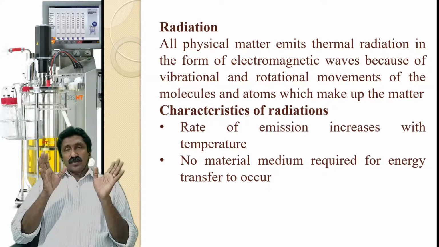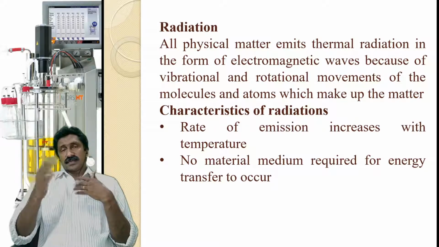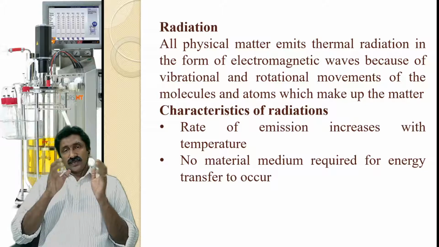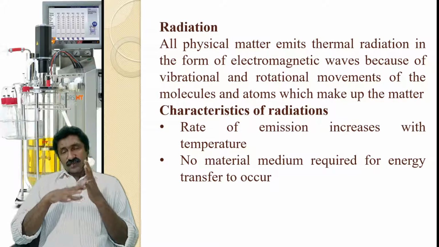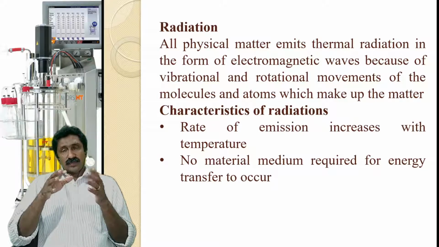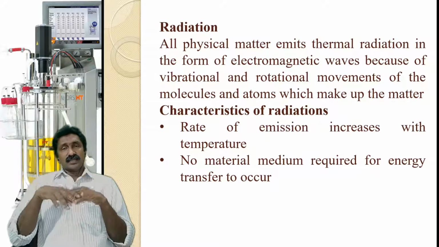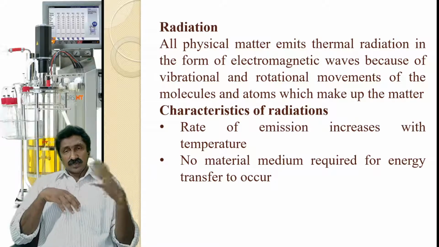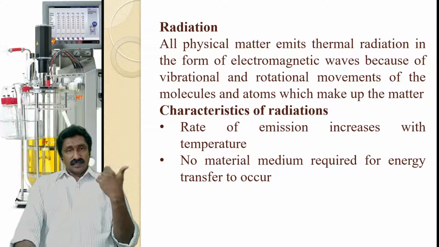Because it is an electromagnetic wave, the energy can be transferred from one location to another. The rate of emission increases with the temperature. So if your source is at a high temperature, then the rate of emission of these electromagnetic waves or thermal radiation will be high. So that is about radiation.